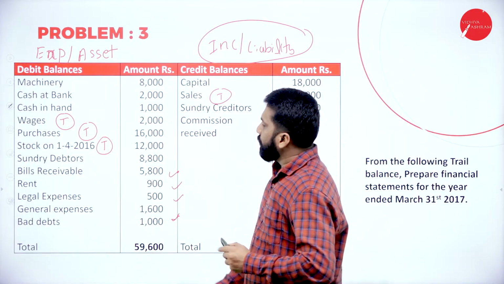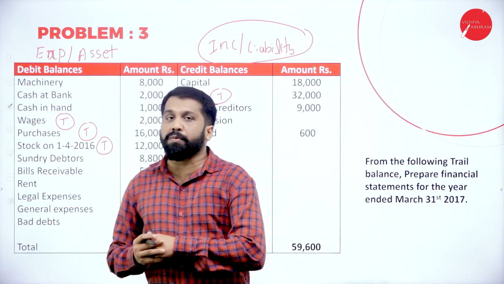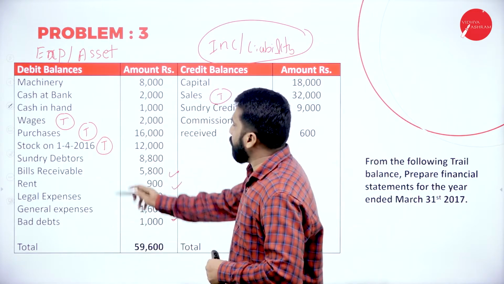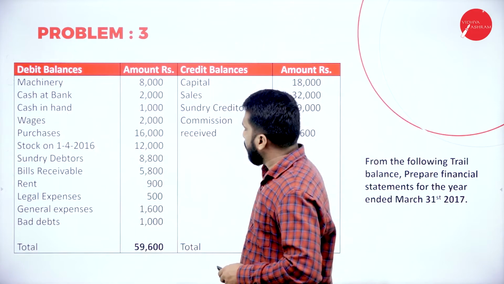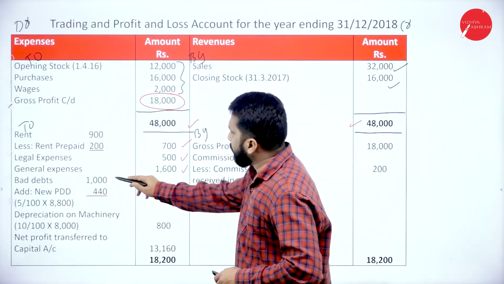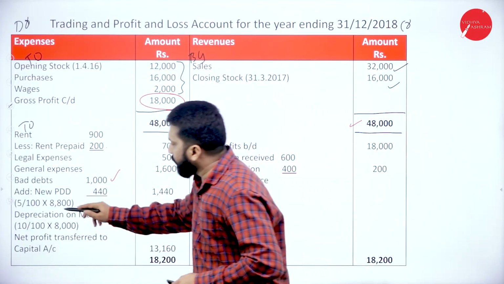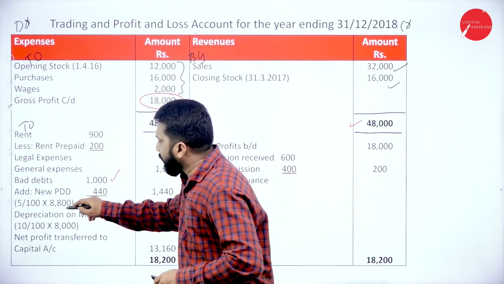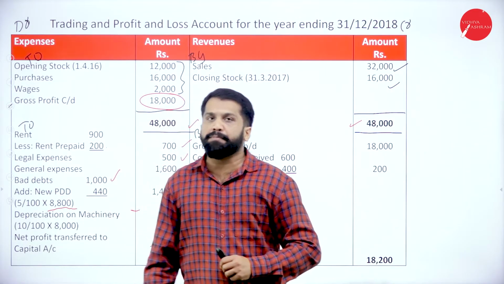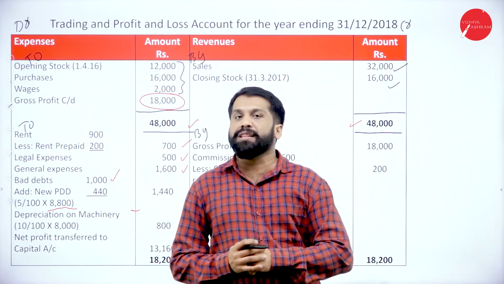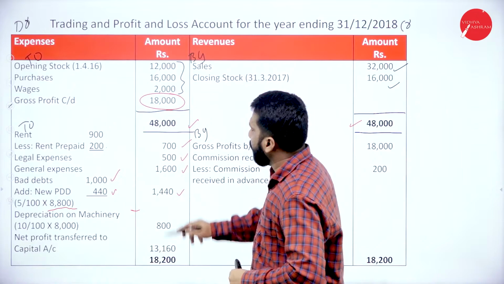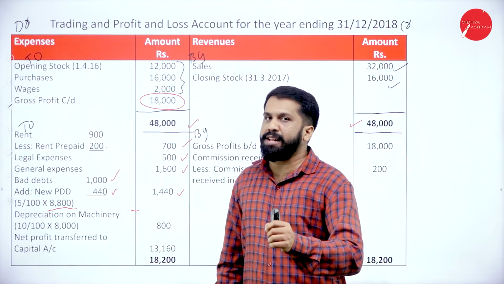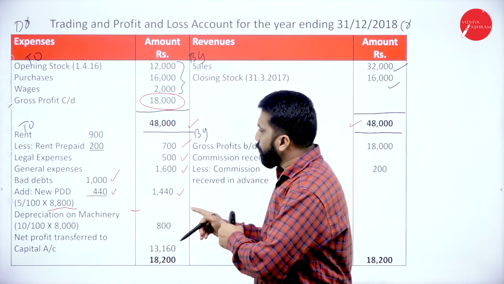We'll take both. So bad debts will be calculated on what? Debtors. What is the value of debtors? 8,800. Your 1,000 as it is, copy paste. Along with that, 8,800 multiplied by 5%. How much will you get? You will get 440. What is the total? 1,440 is your answer. Hope you understood.